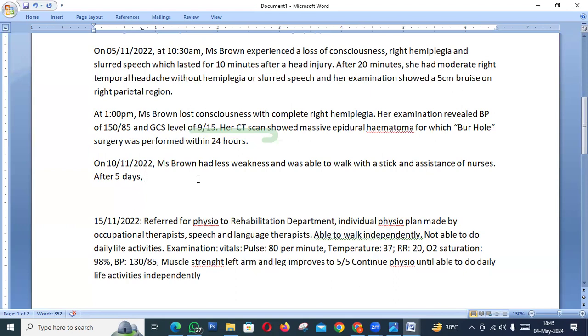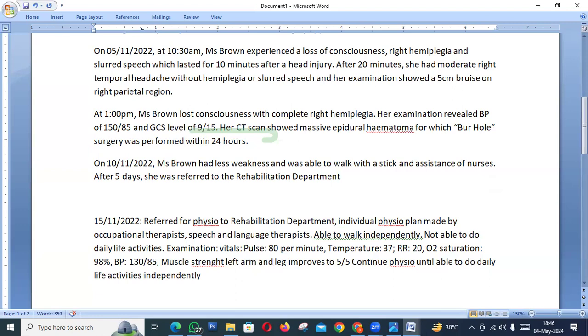Okay, after 5 days, she was referred to the rehabilitation department. If you write the name of the department, you need to write it in capital. OET likes the names of the emergency department, rehabilitation department in capital, they like it.